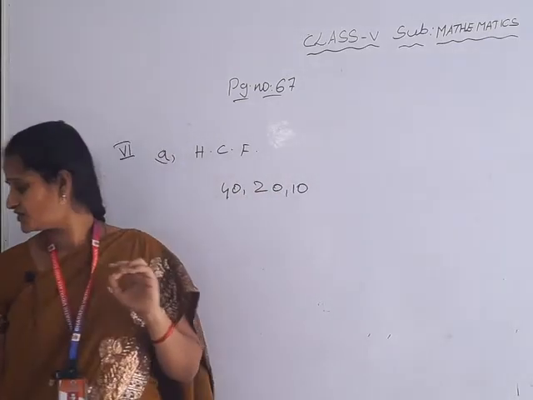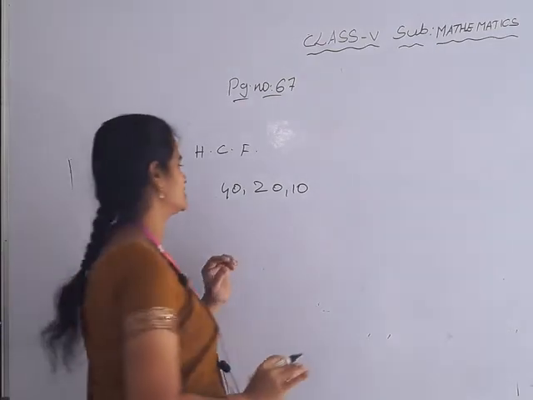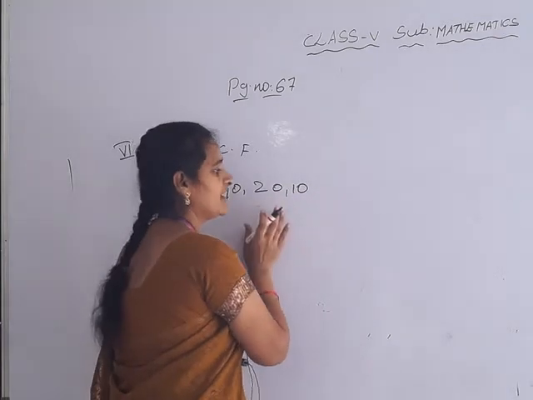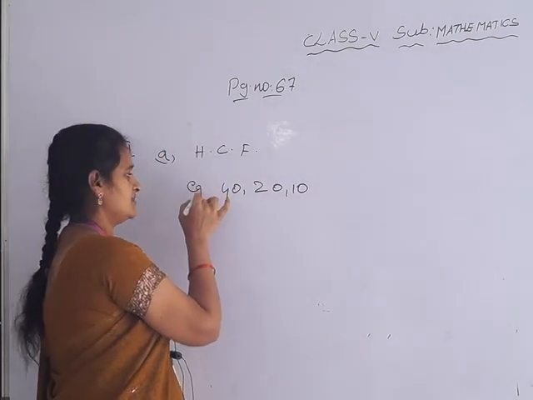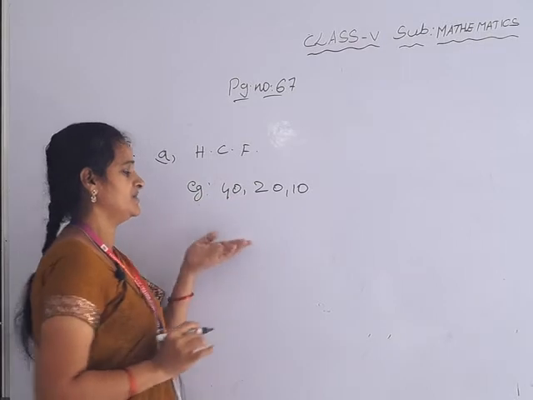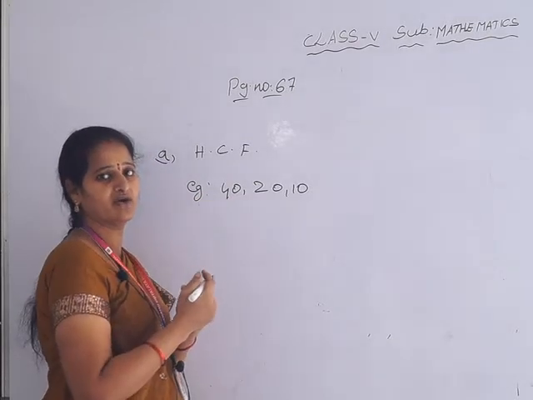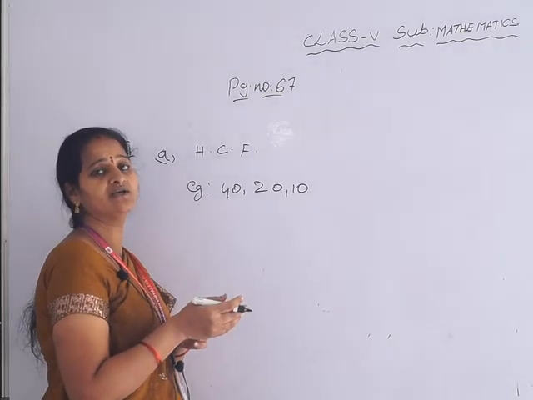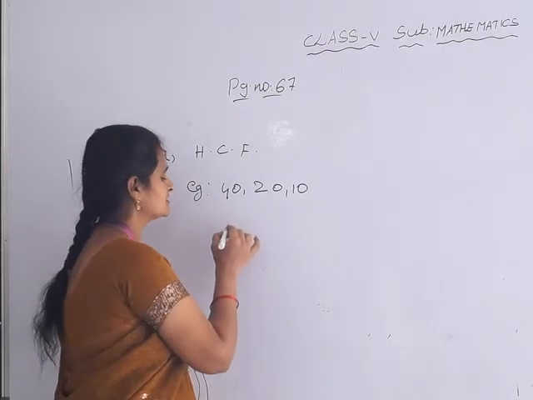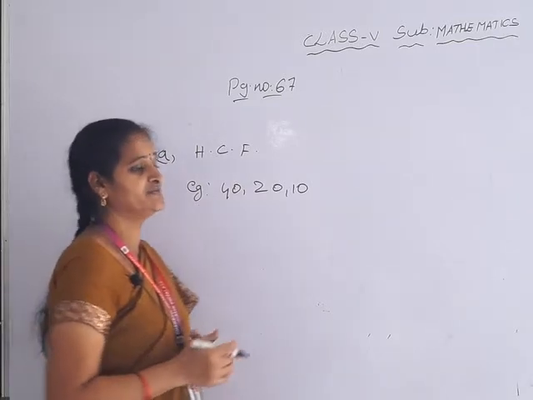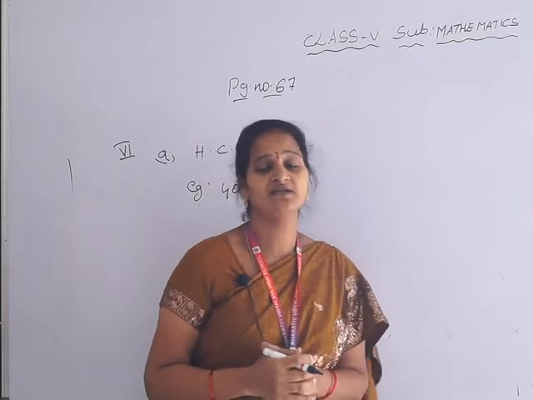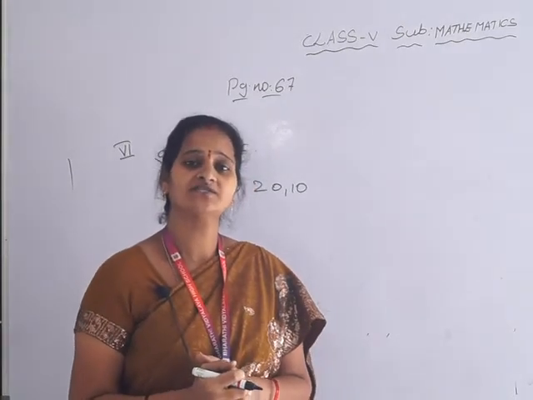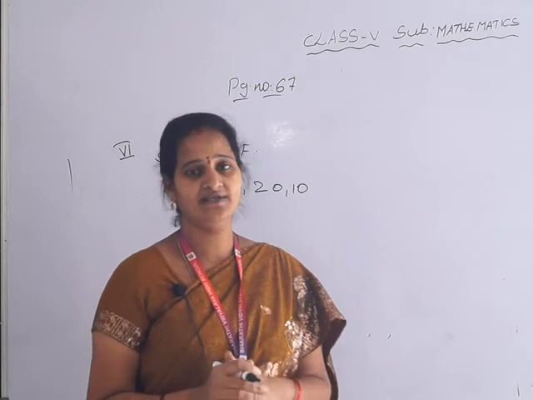Now we should find the common factors of 40, 20 and 10, and find the highest common factor of the given numbers. For this HCF we have three methods to find it.